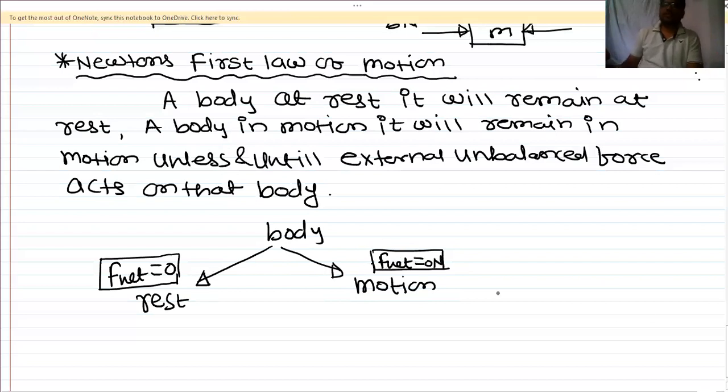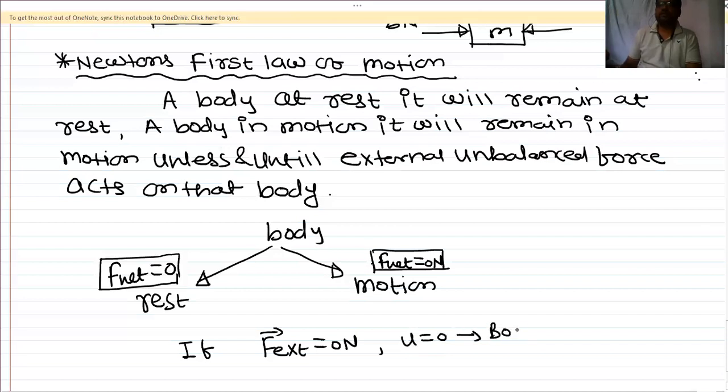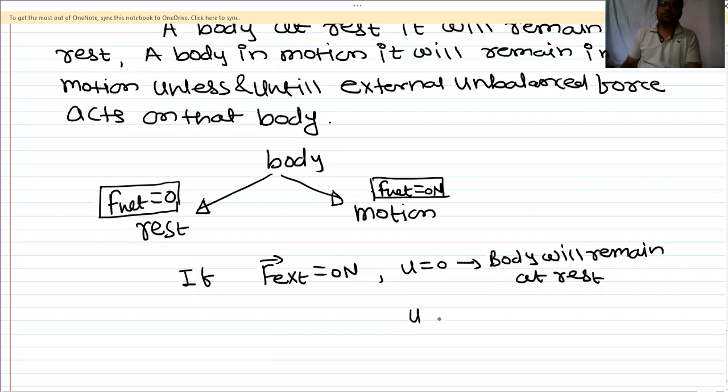So you can write, if F external is equal to 0 Newton and u is equal to 0, the body will remain at rest, and if u is equal to some velocity v, the body will remain in motion.